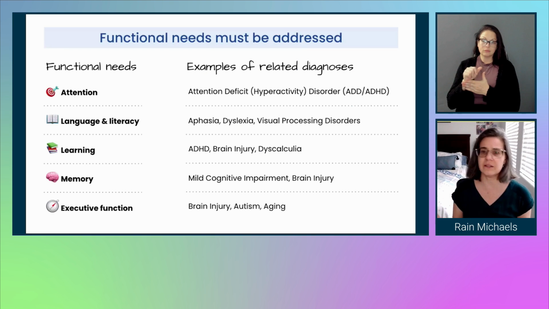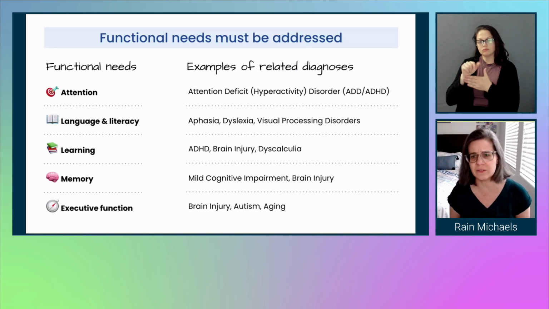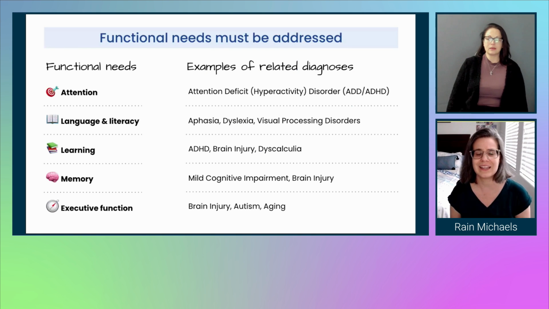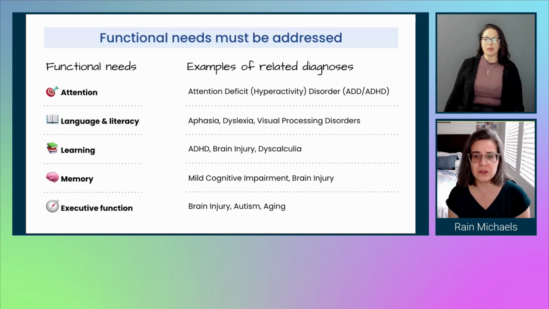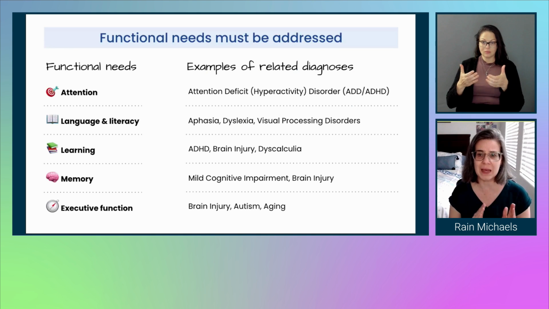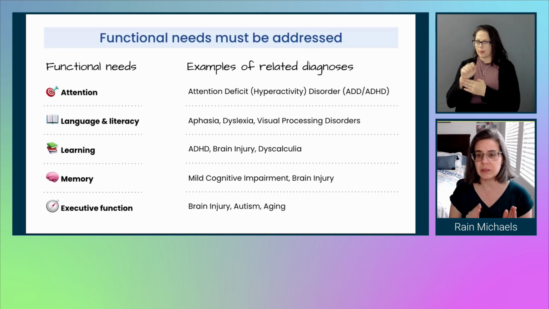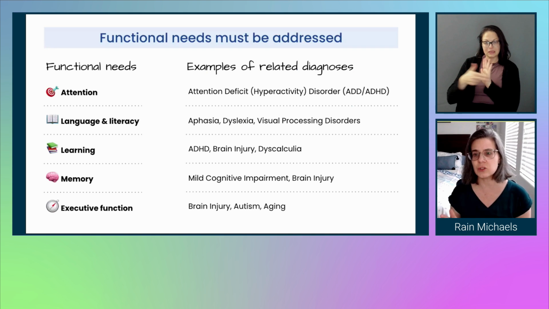You will hear cognitive disabilities described in so many different ways, in so many different places and categorizations. There's also not necessarily a one-to-one mapping between a disability diagnosis and the actual functional needs that somebody may have.